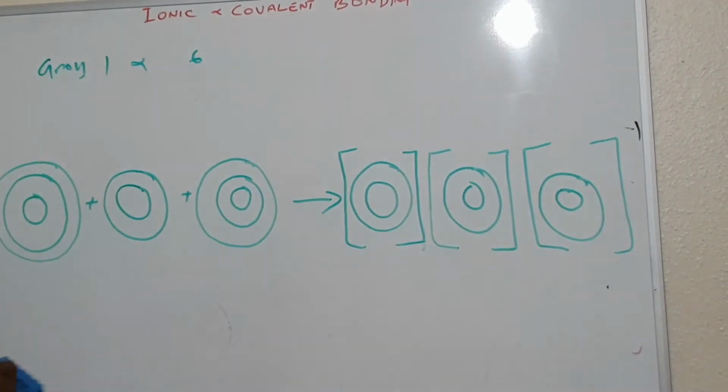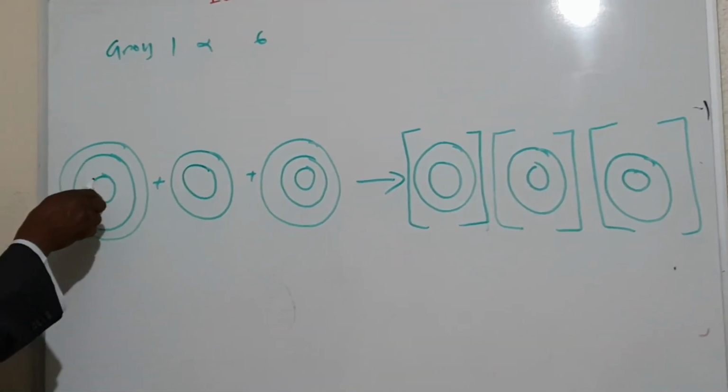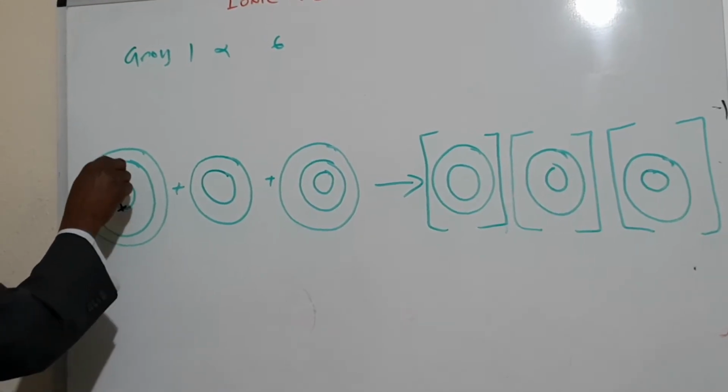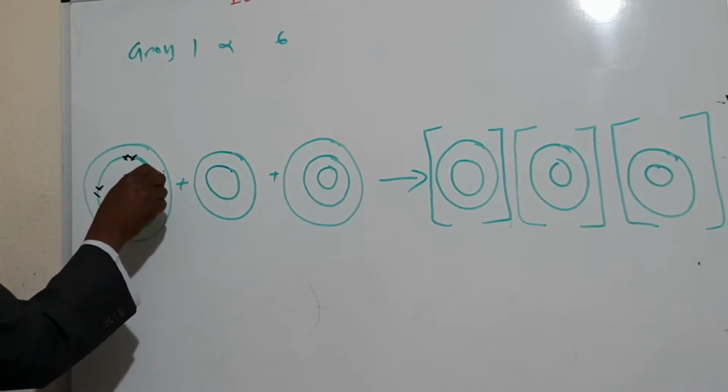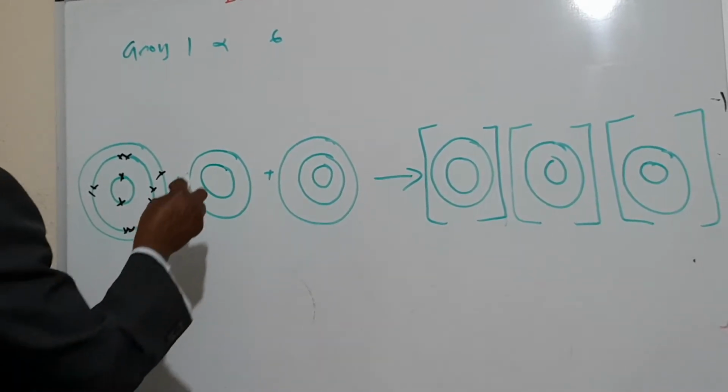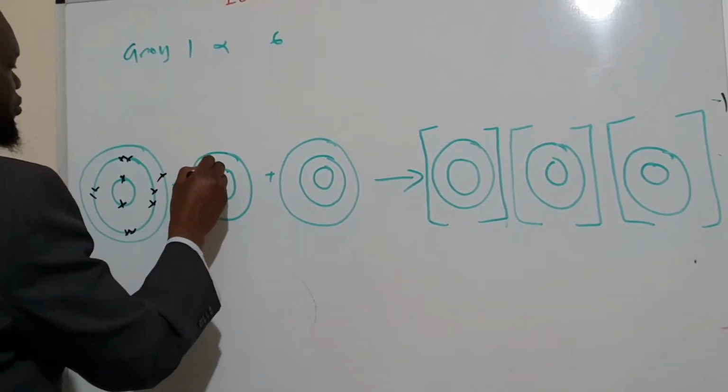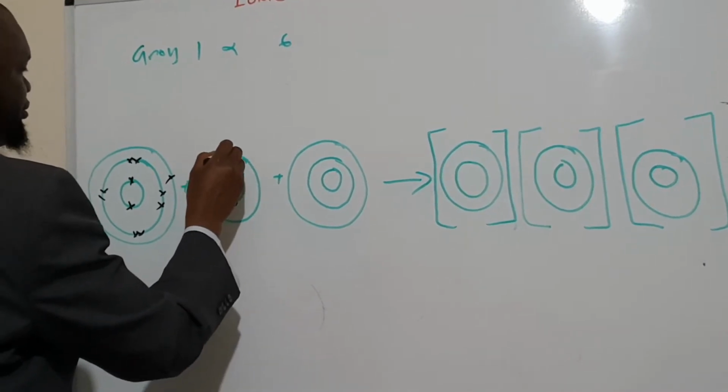Now let's put our stuff inside. Now this is sodium. Sodium is 2, 8, 1. Okay. Now oxygen is 2, 6.